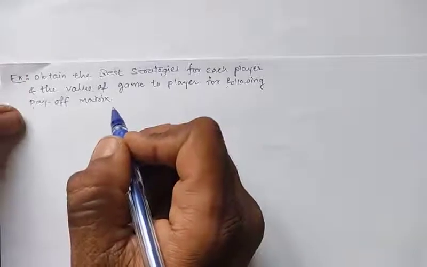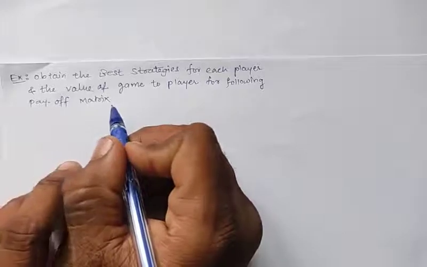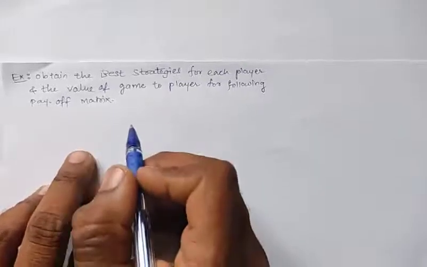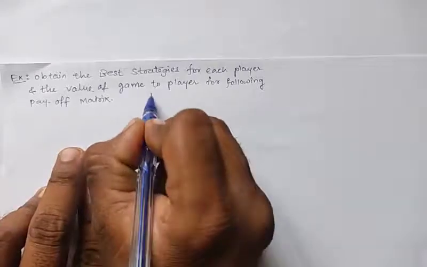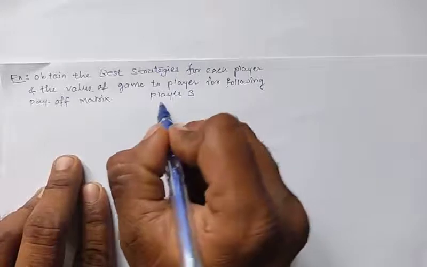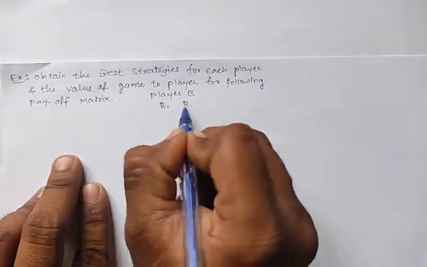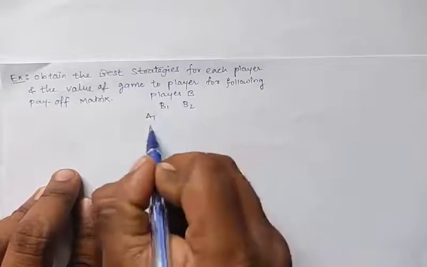Now let's solve this problem. Obtain the best strategies for each player and the value of the game for the following payoff matrix. The payoff matrix has player B with strategies B1, B2 and player A with strategies A1, A2.